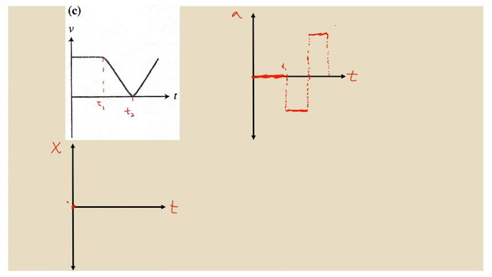And because the velocity is the slope of this position graph, that means I need to draw on my position graph a constant slope up to t1, which looks about there. And so I'll call that t1. Then my velocity decreases to 0 by t2, which I guess I'll just call there, but less terribly.